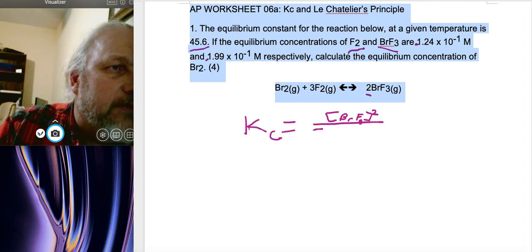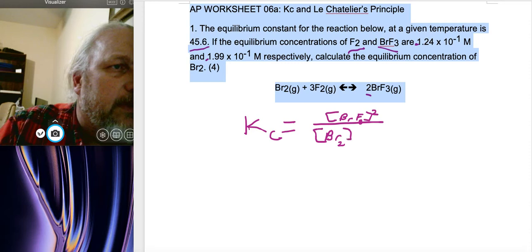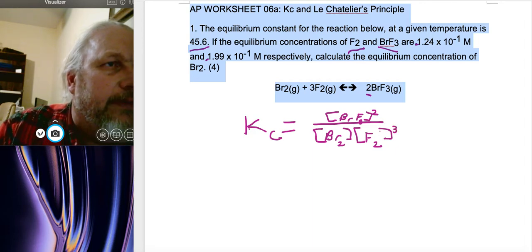Then the reactants: the concentration of Br2, with no coefficient so no power, times the concentration of F2, which is raised to the third power.